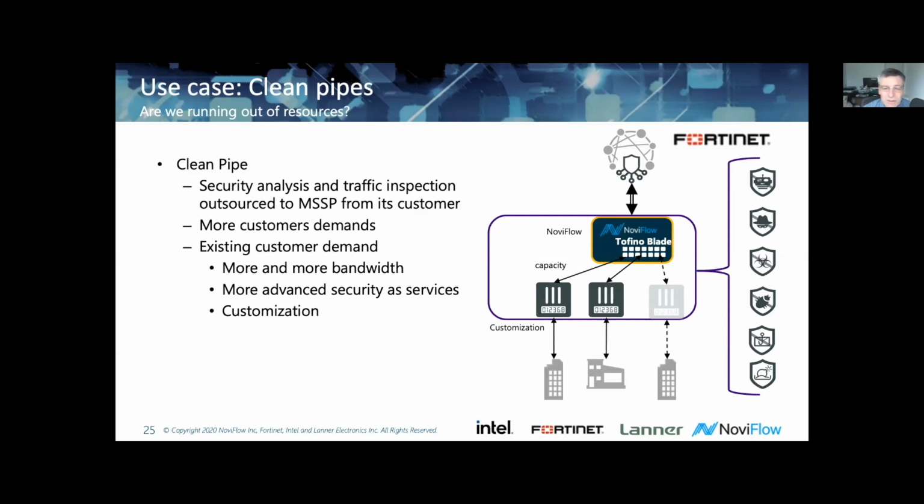So this is where we really can benefit from the NoviFlow and Lanner combinations, where we can then have the connectivity to one side. It's very interesting because you can have a cable per customer, put the VMs on top, and provide the advanced services with all the cloud-like flexibility you can have with the VMs.